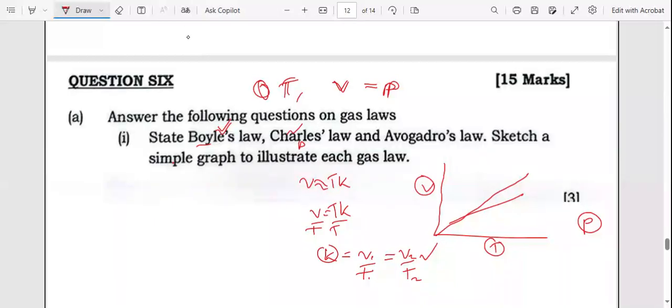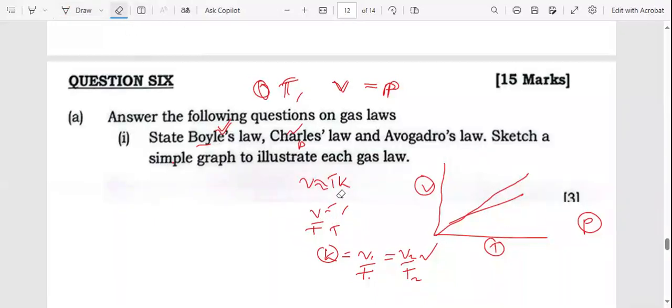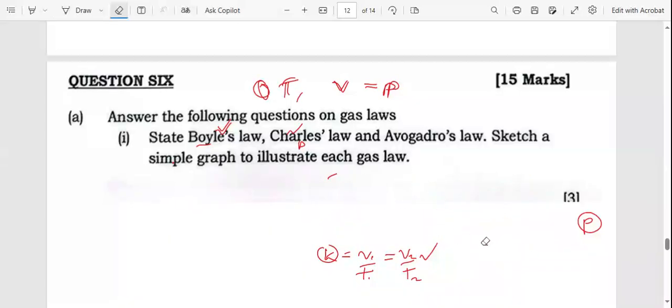Then Avogadro's law. This one is also a direct proportional graph. I hope you have written something, otherwise I'm lagging.